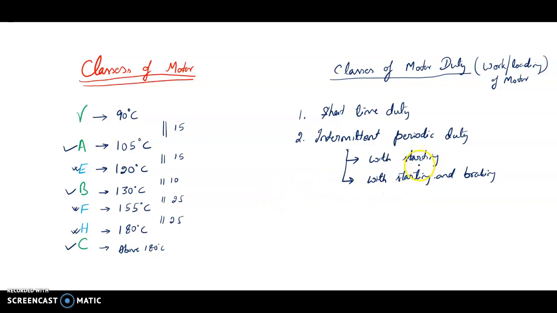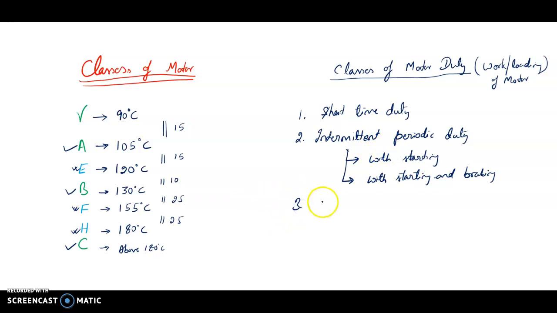With starting, starting is considered here. With starting and braking, both are there in that particular duration. Since it is named intermittent, there is a rest period and there is a running period.